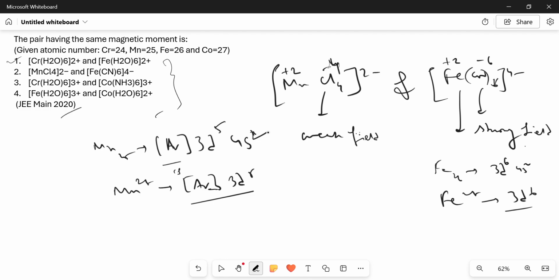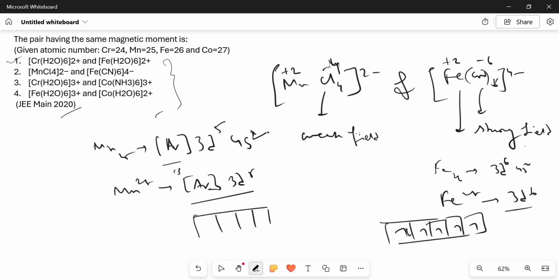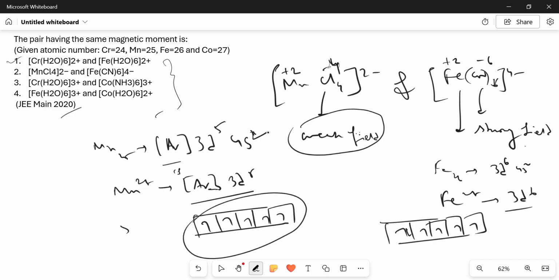Just write the orbitals, 6 and 5. Since this is a weak field ligand, it will form an outer orbital complex, so no need of pairing, and all 5 electrons are unpaired.